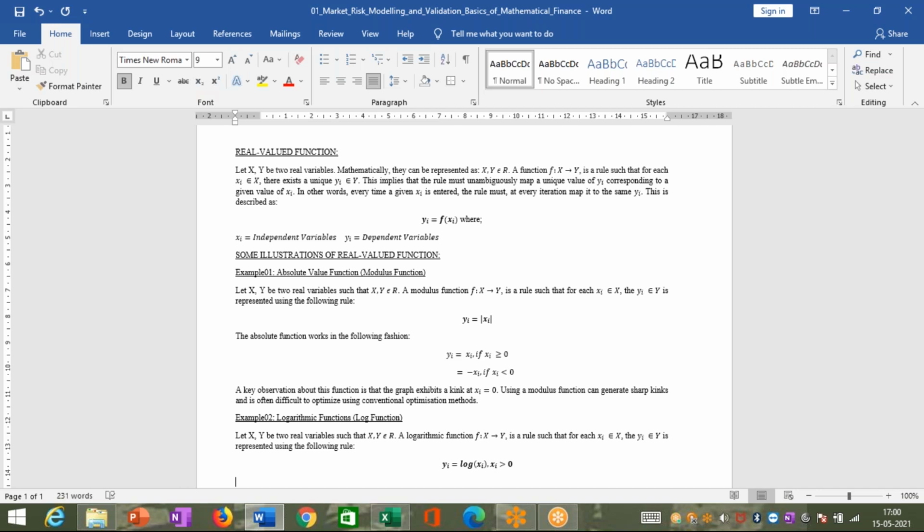Okay, so I have yi equal to log xi, which is this. This function is defined for positive values of xi, right?